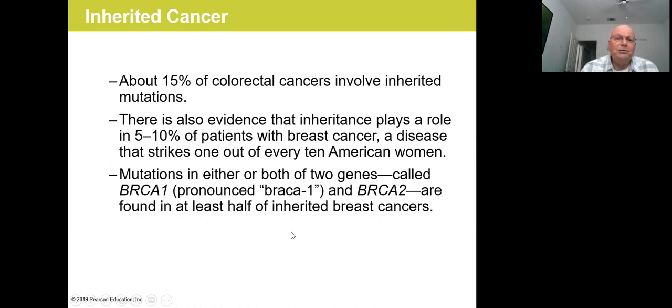So this just gives you a little bit more data about some of the cancers. In the case of colon cancers, about 15% of colon cancers have an inherited component, let's put it that way. In the case of breast cancers, about 5 to 10% of breast cancers are associated with these two genes, the BRCA1 and BRCA2 genes.